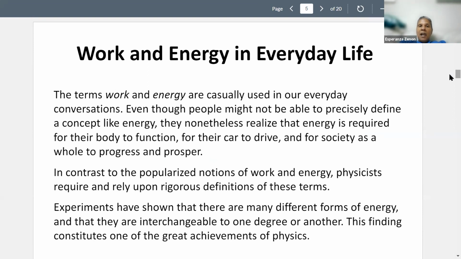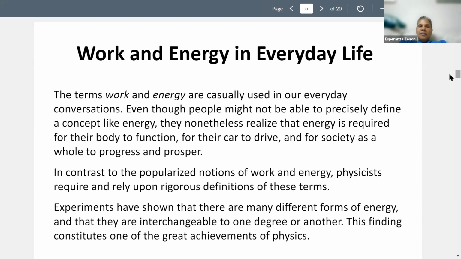That's how we might use those terms in casual or everyday conversation. But we have to be very careful when we are using them in the physics sense of the word.